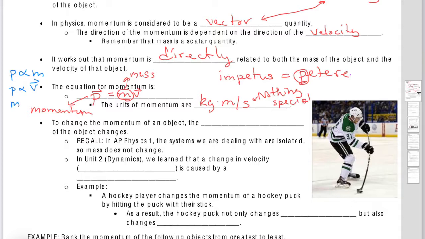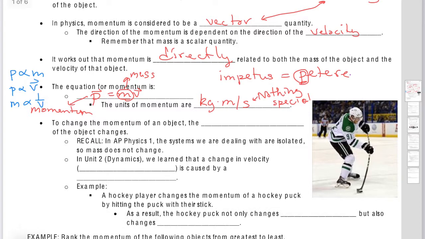Again, multiple choice questions like to do those factors-of-change type questions and say, if I'm changing the mass, what happens to the momentum? Or if I want to keep the same momentum, how would I have to change the mass or change the speed or velocity?